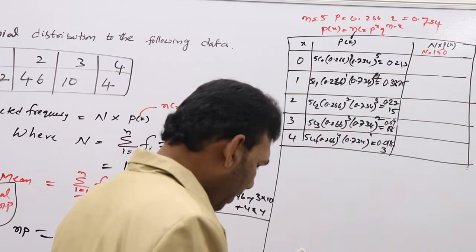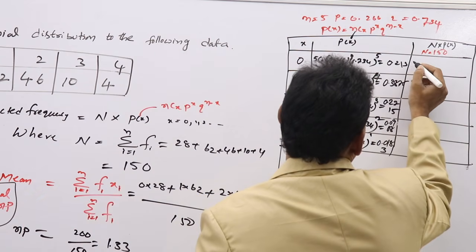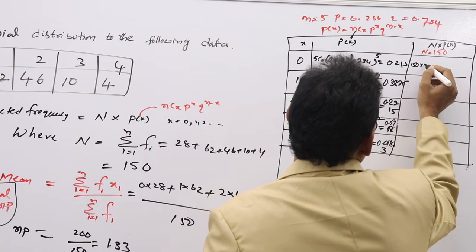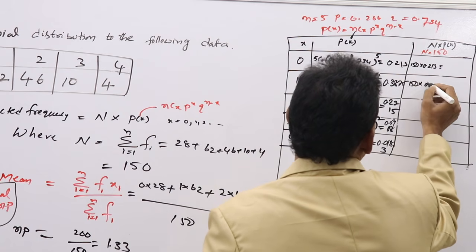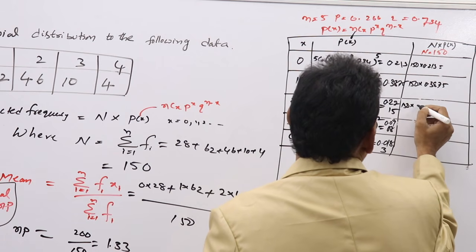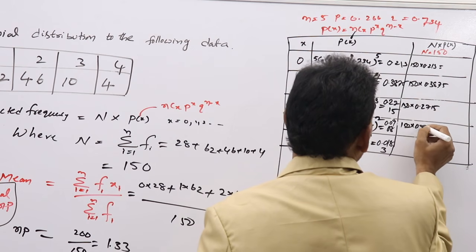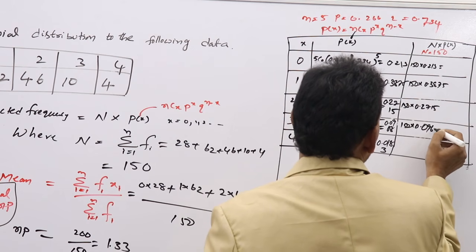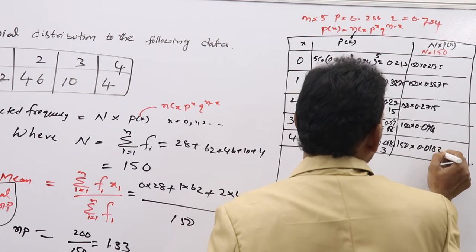If you multiply every value with 150: 150 into 0.213, 150 into 0.3875, 150 into 0.2715, 150 into 0.0968, 150 into 0.0183.